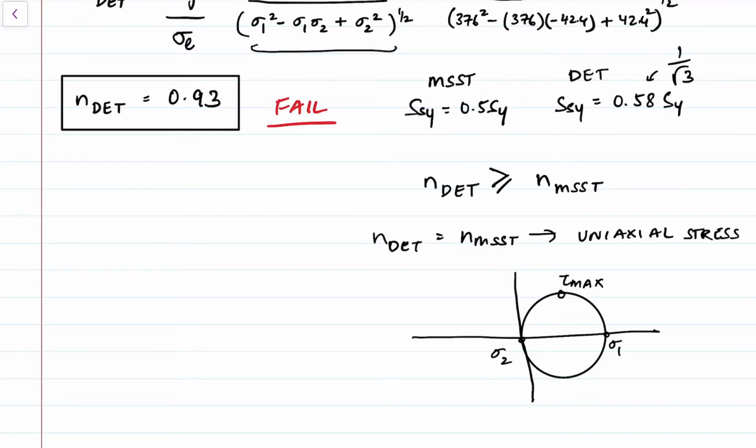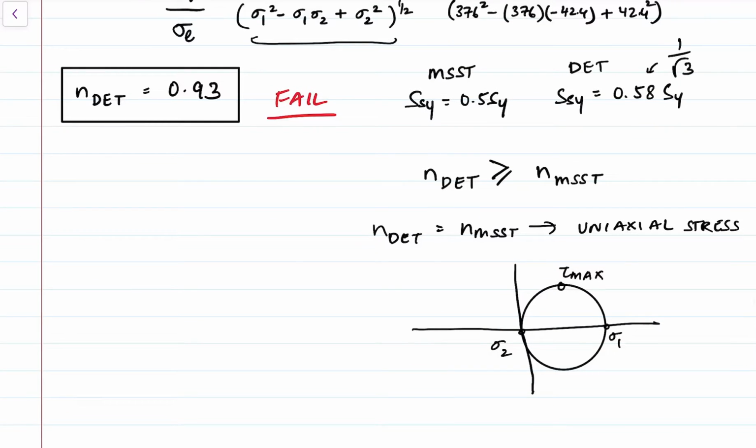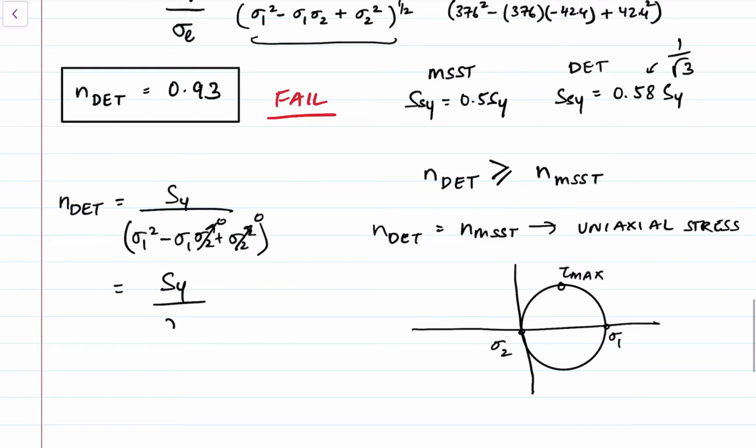So if I were to write out the equation for N DET, I would get SY over the square root of sigma 1 squared minus sigma 1 sigma 2 plus sigma 2 squared. And if I set, in this case, sigma 2 equal to 0, because it crosses the origin, I end up with SY over sigma 1.